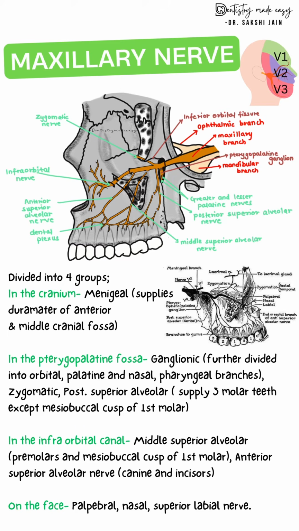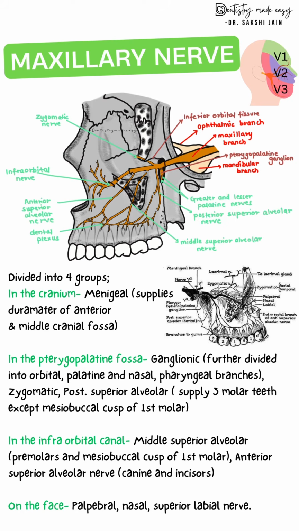The third group is the branches in the infraorbital canal. It gives two main branches, that is the middle superior alveolar and the anterior superior alveolar. The middle superior alveolar provides innervation to the premolars and the mesiobuccal root of the first molar, and the anterior superior alveolar nerve innervates the anteriors, and they are termed the infraorbital nerve.